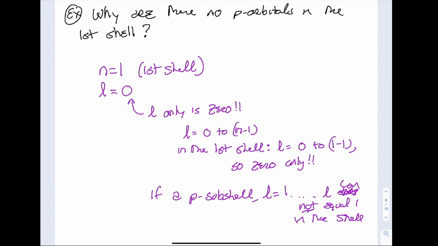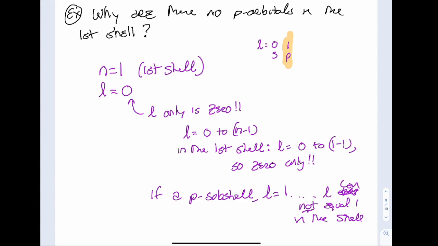Remember, if l is equal to 0, it's my s. If l is equal to 1, it's my p. So to have a p subshell, l has to equal 1.